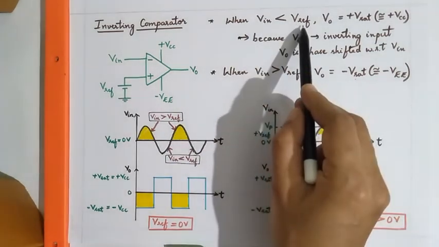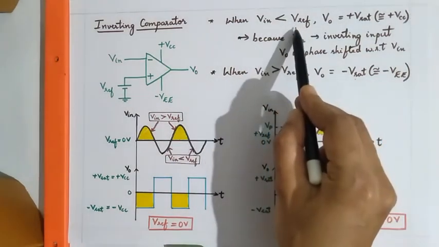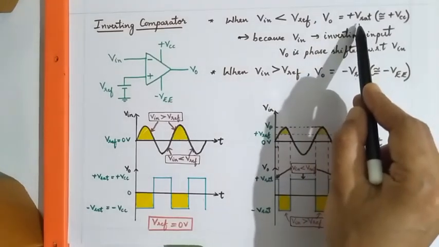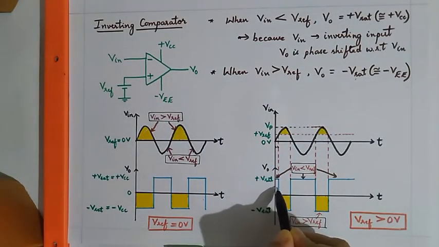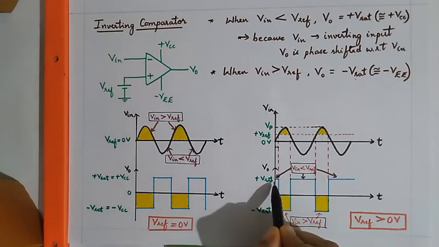When input is less than V reference, output is plus V saturation. Thus for this particular point of time, the output rises up to plus V saturation.